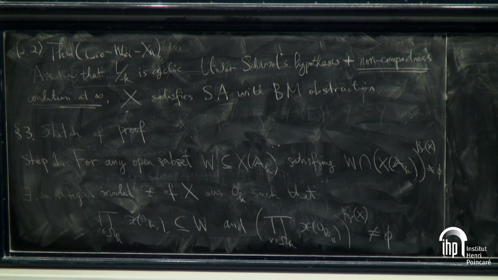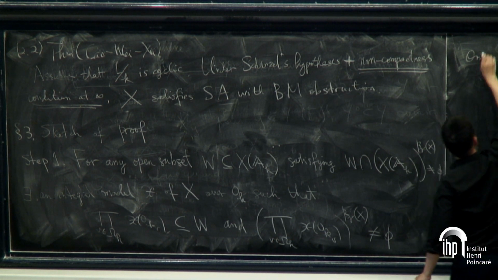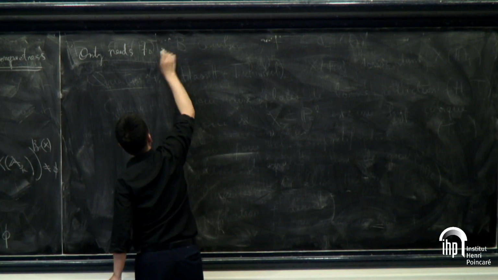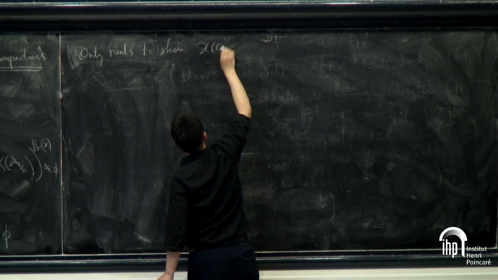As I explained, by varying this integral model, you get a basis of these ideals, an open basis. So I only need to show this model has integral points.